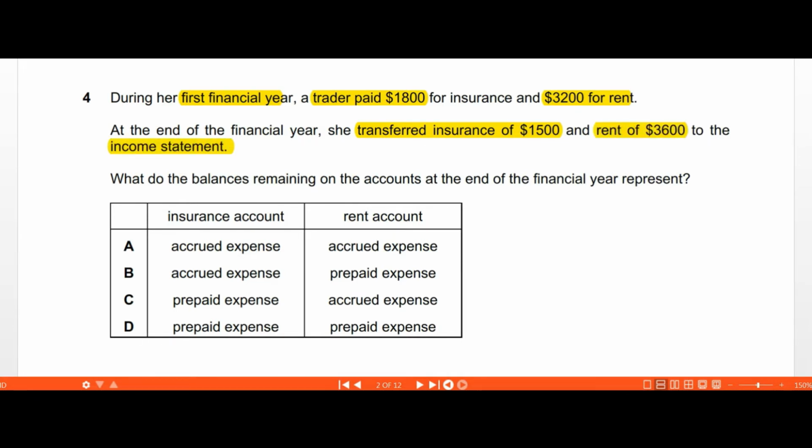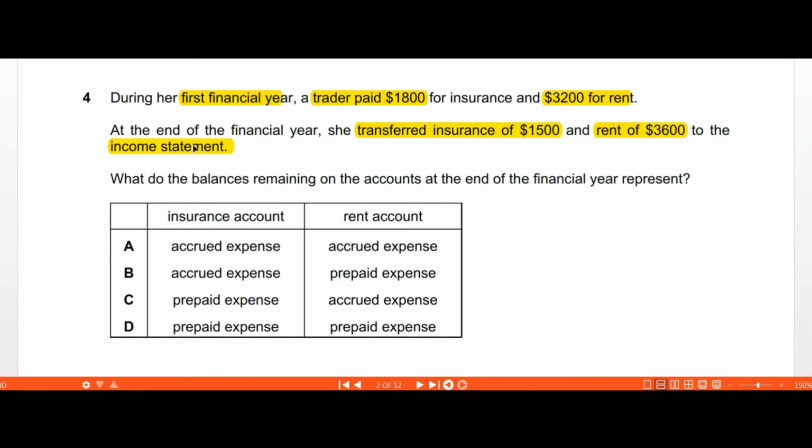Now we only record the amount that is qualifying for the whole year, no matter it has been prepaid or accrued. So that's what the accrual and matching concept means. So what do the balances remaining on the accounts at the end of the financial year represent?